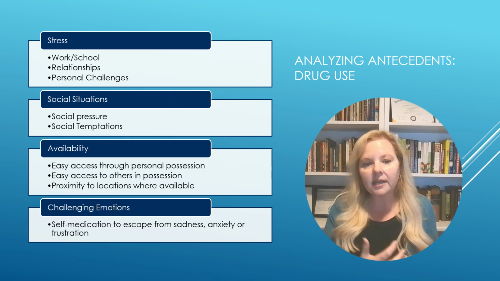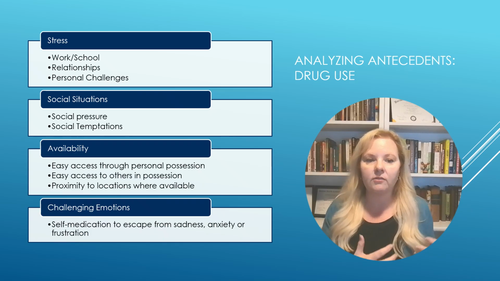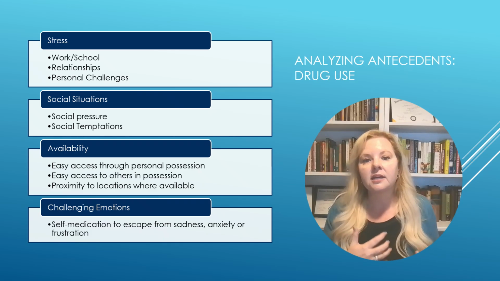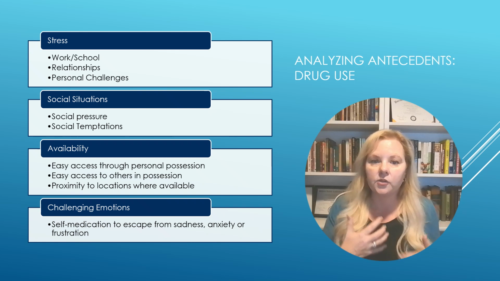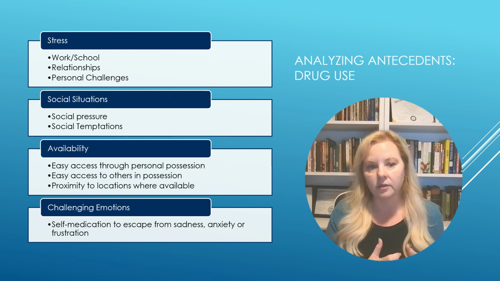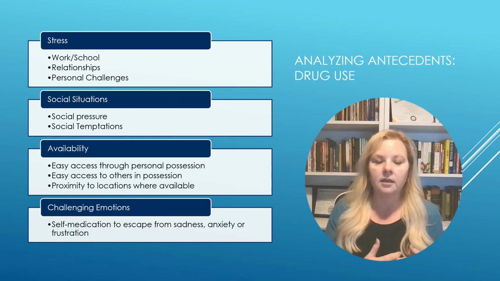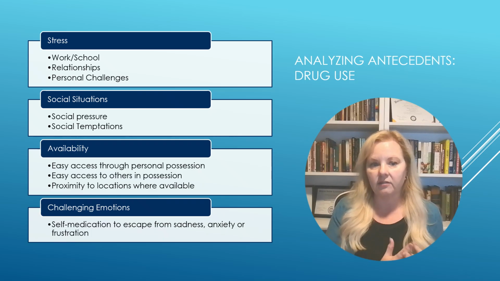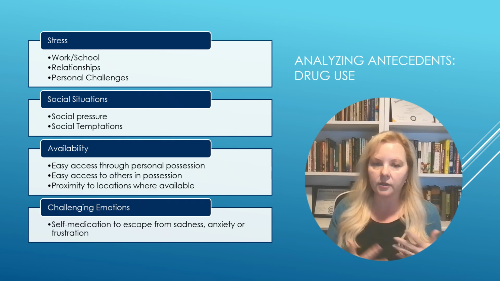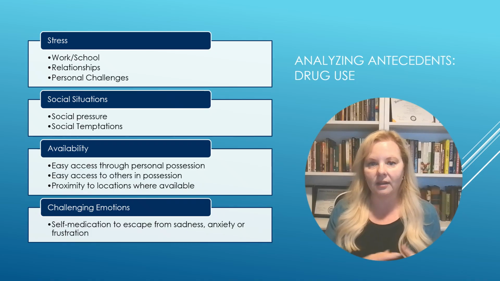So, self medication from sadness, anxiety, or frustration is a common trigger and antecedent for drug use. So, we want to watch, is the person experiencing large levels of sadness, anxiety, or frustration? And so, is that a trigger to self medicate through the use of the drug?